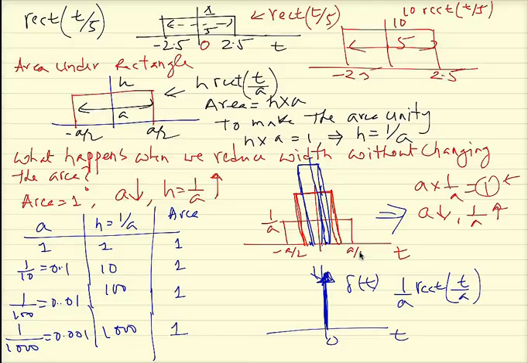Now if you take the limit a tends to 0, then this rectangular pulse will be equal to delta t, because delta t is located at t equal to 0, it has infinite magnitude in fact, and the area under this delta t is 1. So this has unit strength.